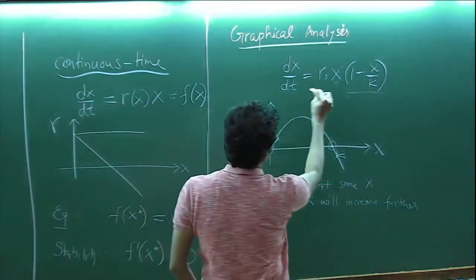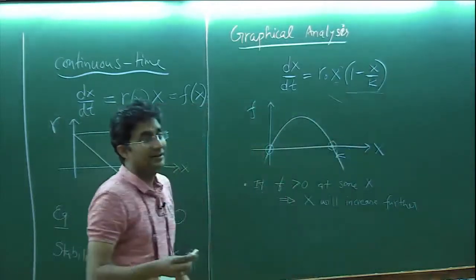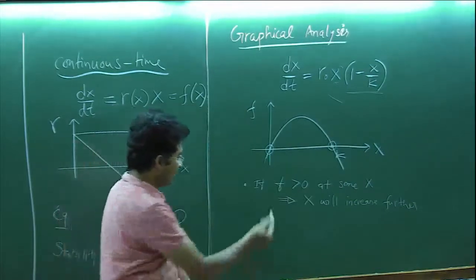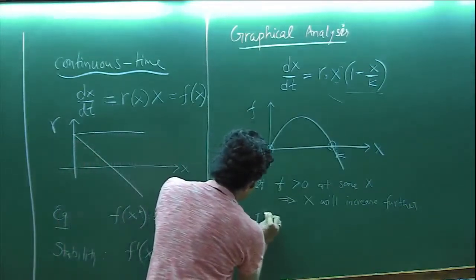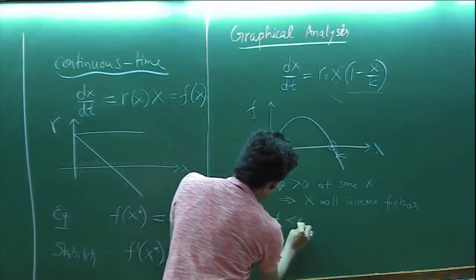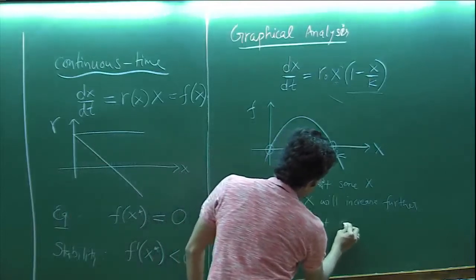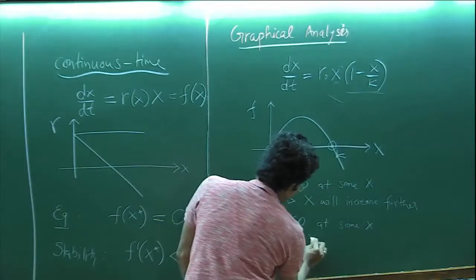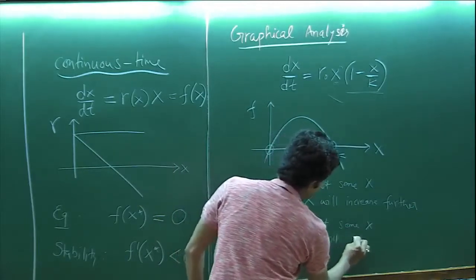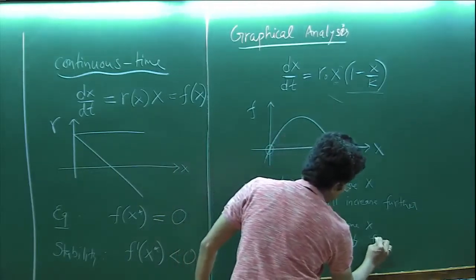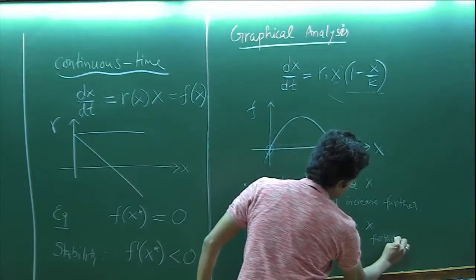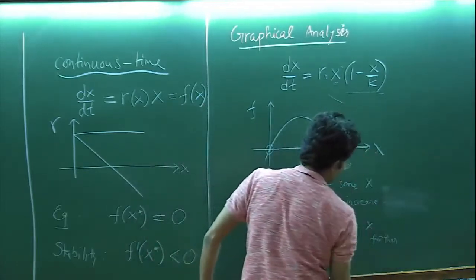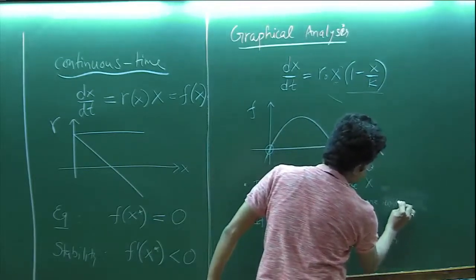Because dx by dt equal to some positive value means that the growth rate is positive, therefore the population will increase. Conversely, if f is less than 0 at some x, this implies x will reduce further. In fact, I can even say reduce, increase with time.